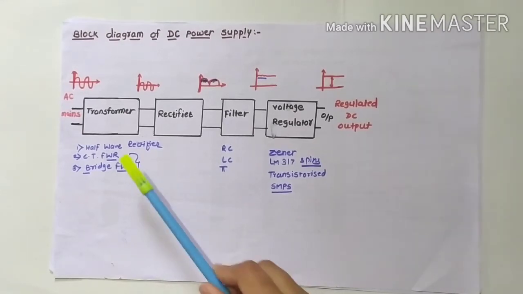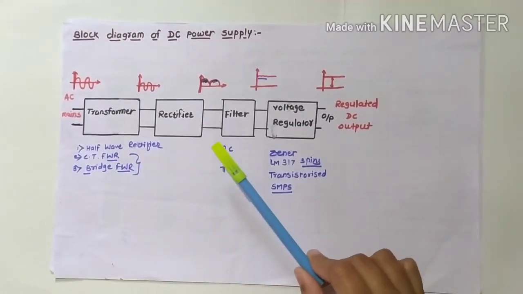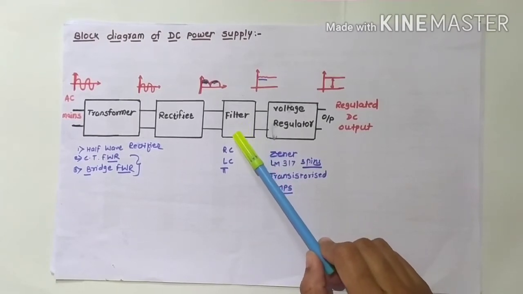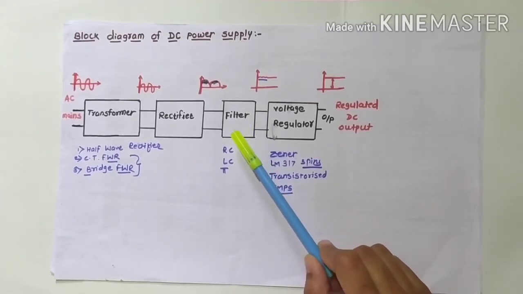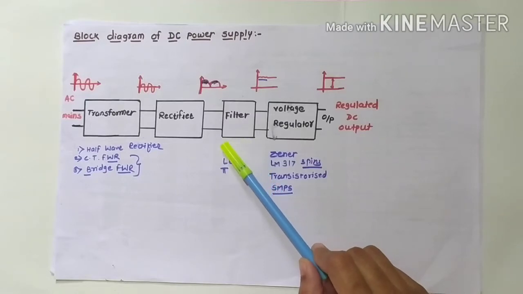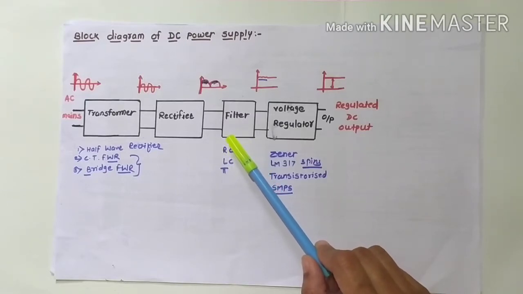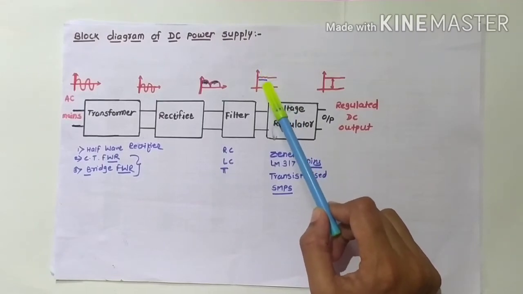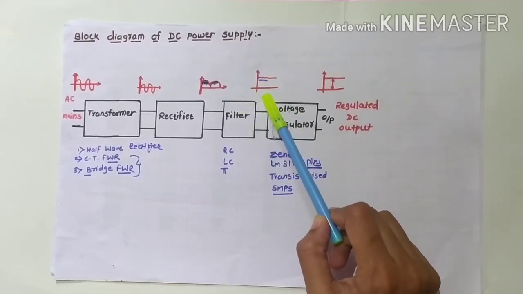Good morning, students. In the last lecture we saw different types of filters, their advantages and disadvantages. But if you analyze this block diagram of a DC power supply, there are different types of output for each block.